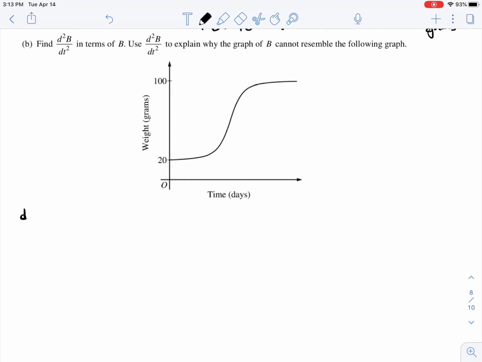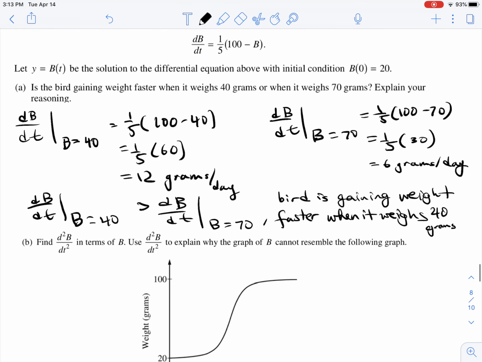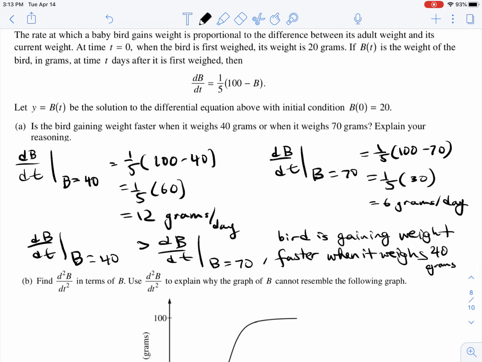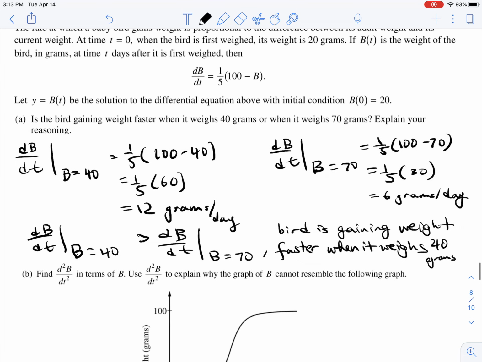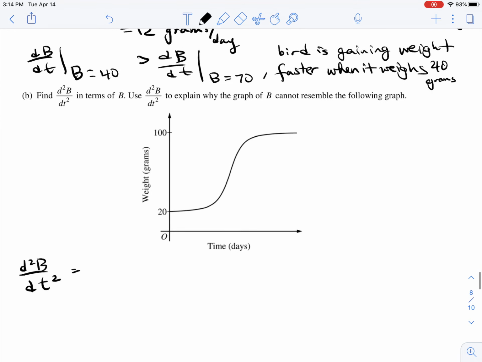So we're going to say d2B/dt squared. And what we're just going to do is start by finding the derivative of this first equation up here. Well, if you just look at the derivative of that, we have a constant, we have a negative coefficient inside our argument. So just using the chain rule, we would just have negative 1/5 dB/dt.